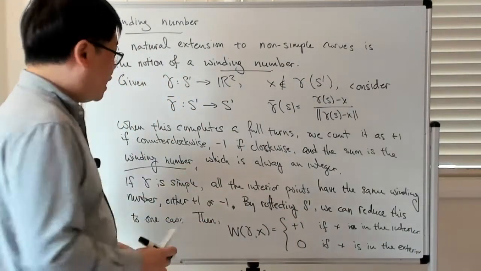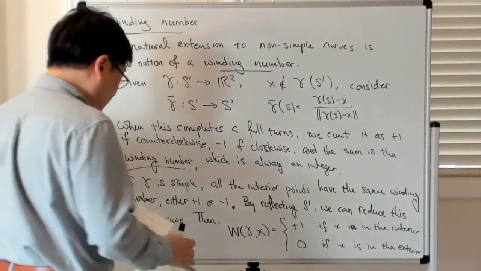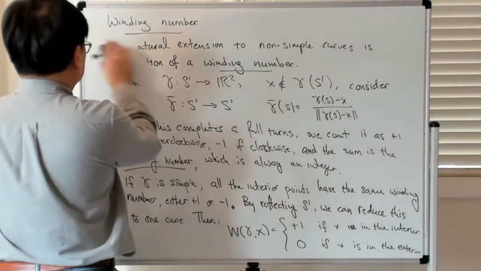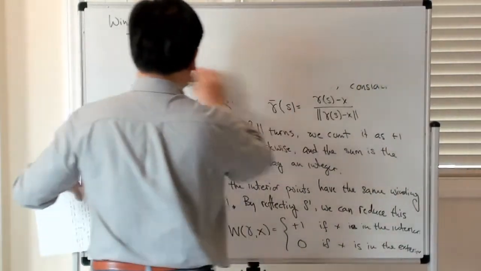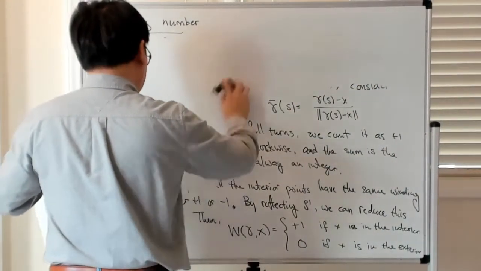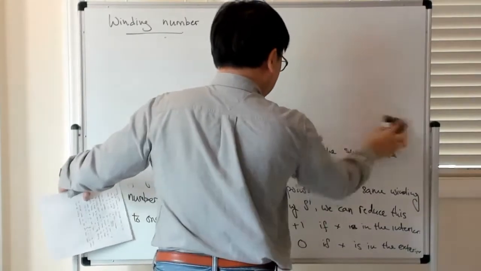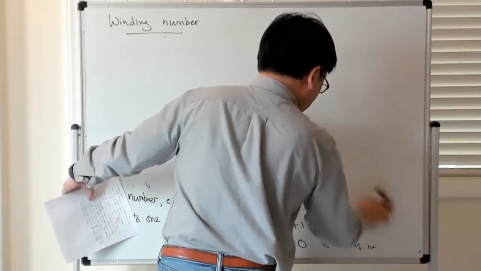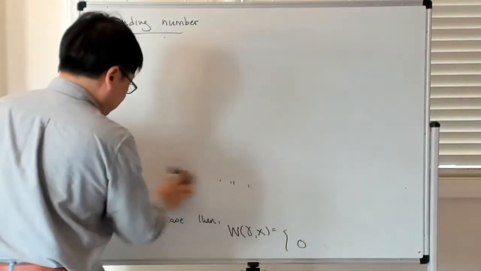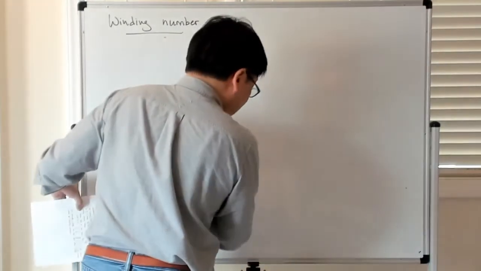But what happens now if the curve is non-simple? The point is that if it's non-simple, you still, of course, have an integer winding number, but the integer winding number doesn't have to be either 0 or 1. It can be any integer.